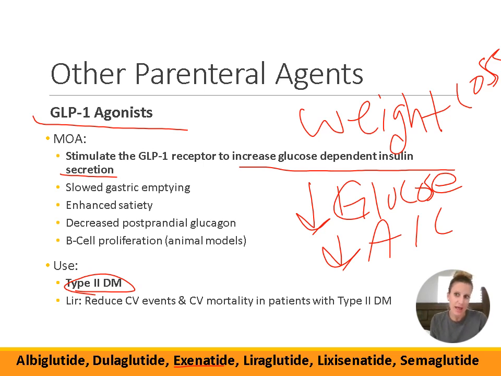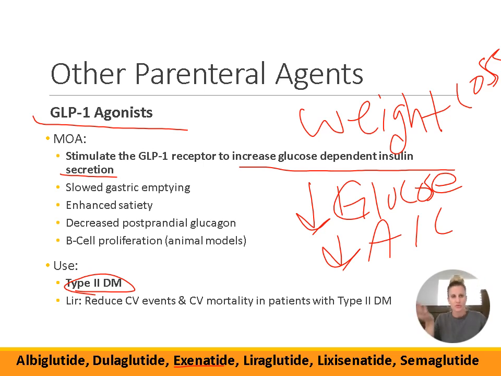The GLP-1 agonists are used in type 2 diabetes. They're not currently recommended in type 1 diabetes per UpToDate. There were very modest decreases in the hemoglobin A1C, but there was a much greater increase in hypoglycemia.